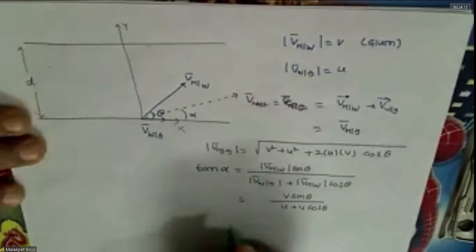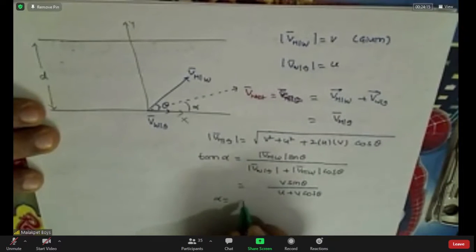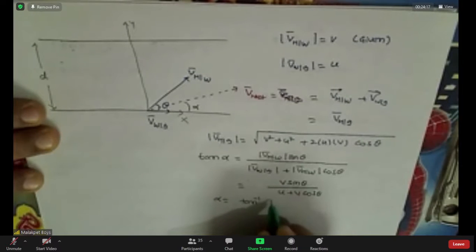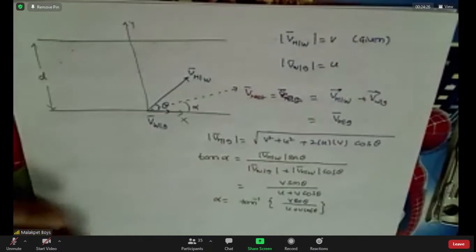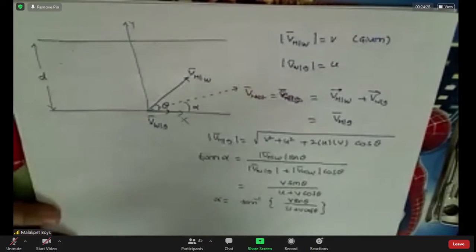Yes, sir. So this is the resultant velocity of the person.